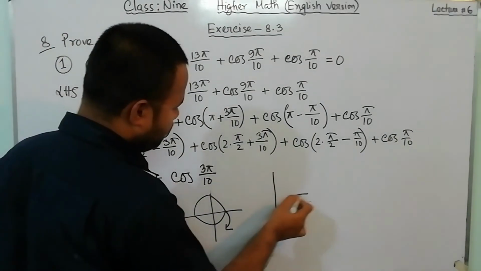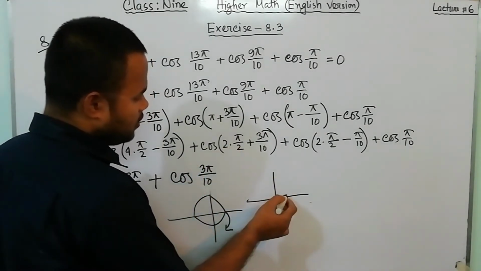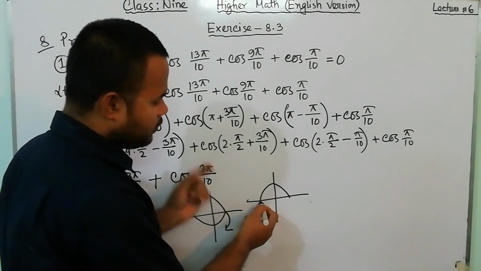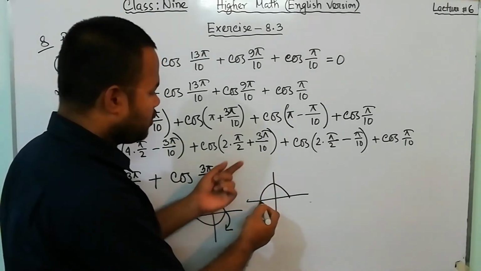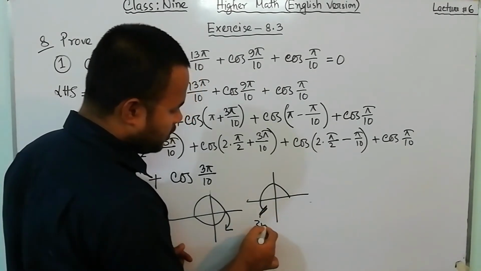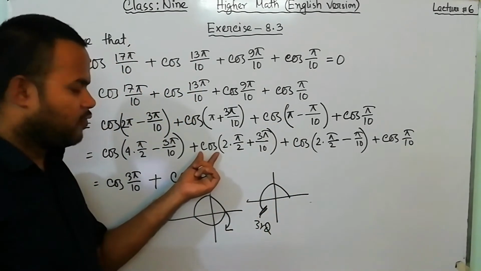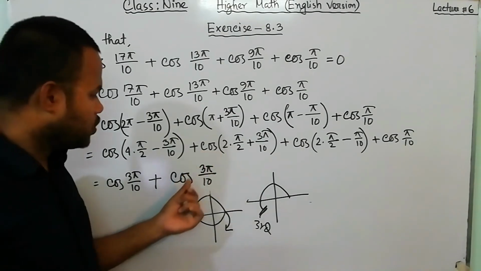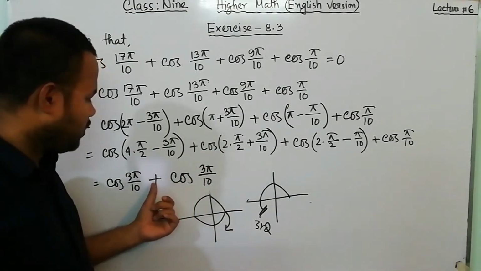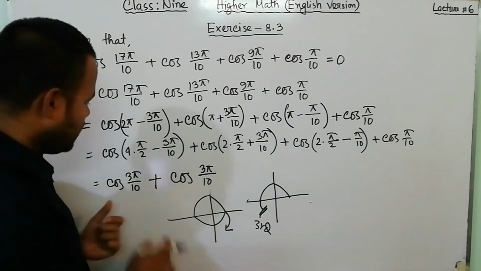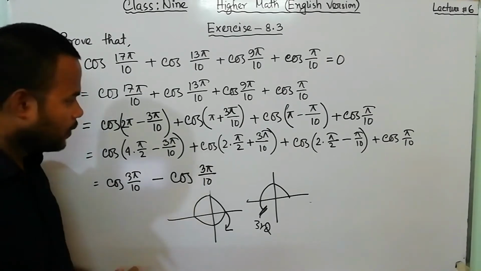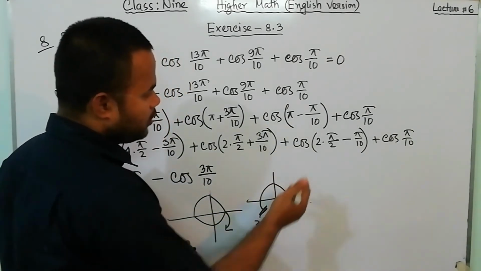So we have 2 right angles, that is a positive angle, so we have to rotate anti-clockwise by theta. Then we have the third quadrant. In the third quadrant the value of cos is negative, so we have to put a negative sign here. If we multiply positive with negative, then the result is negative.